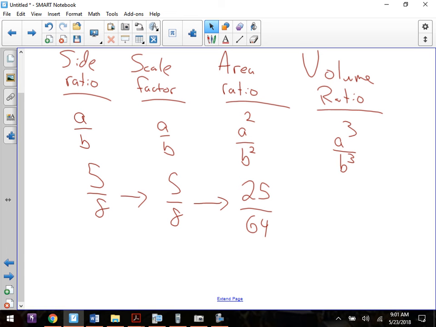Well, which of these is smaller? 25. So we just have a cross multiply problem, and we get 320 square inches.